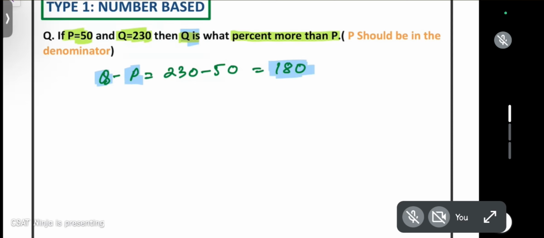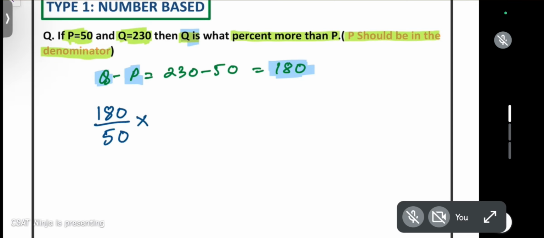That's one thing. And number two is, what is asked? We are asked to find it in terms of percentage. Q is what percent more than P. Remember, P should be in the denominator because we are comparing Q with P. Q is more than P by 180, but we are comparing it with P, which is 50.